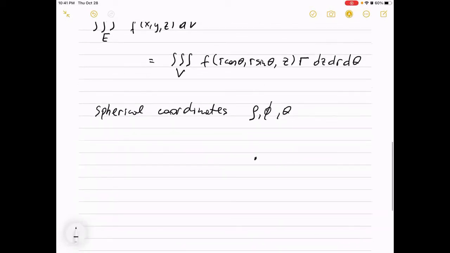Rho is the distance from the origin toward the point. That's rho. And phi is the angle between the positive z-axis and the direction toward the point.